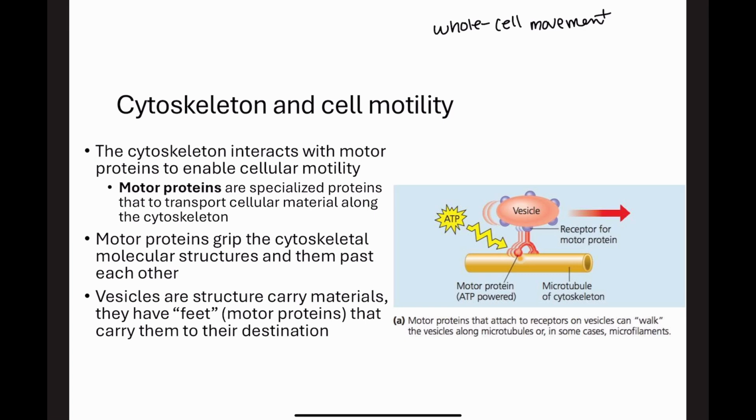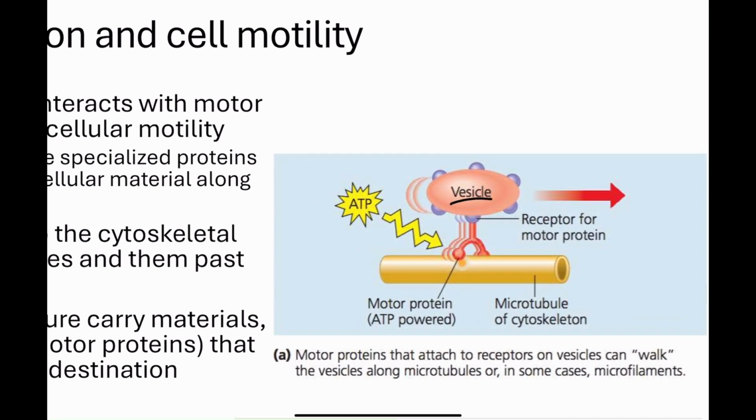So when we're looking at the figure, what we see is a vesicle right here. And that vesicle is the cargo, it's the material that has to be transported inside of the cell. And the vesicle has these specific receptors, which are the motor protein receptors. And those receptors are where our motor proteins are going to attach.